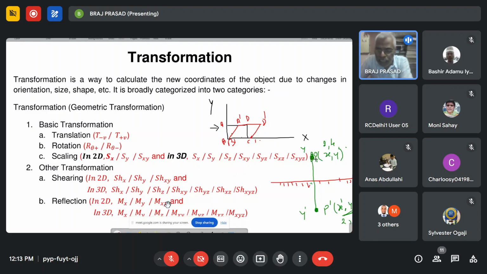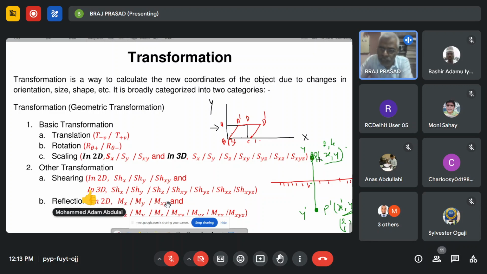So only the value of y becomes negative, and the size will remain same. So the coordinate of this x dash y dash by observation is 2 and minus 4.